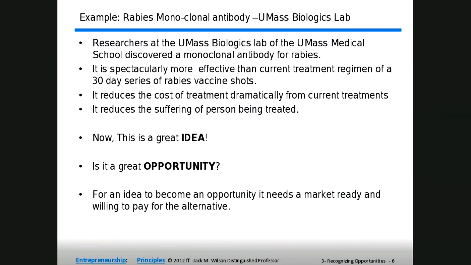It is incredible. It is spectacularly more effective than the current treatment regimen of a 30-day series of rabies shots. It reduced the cost of treatment dramatically, 100 times, and it reduces the suffering of persons being treated.